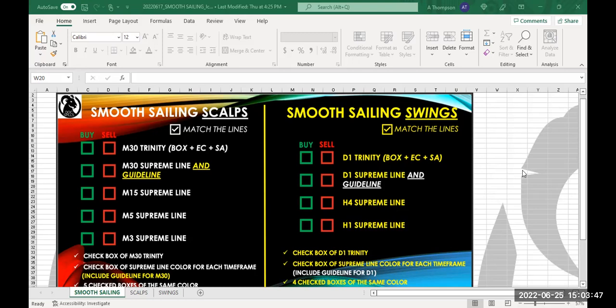I love that, so that you can get a great view of what you're going to be trading for the entire week. The beauty of this too is that you can start at the higher time frame and then work your way down so that you can take a sniper entry.